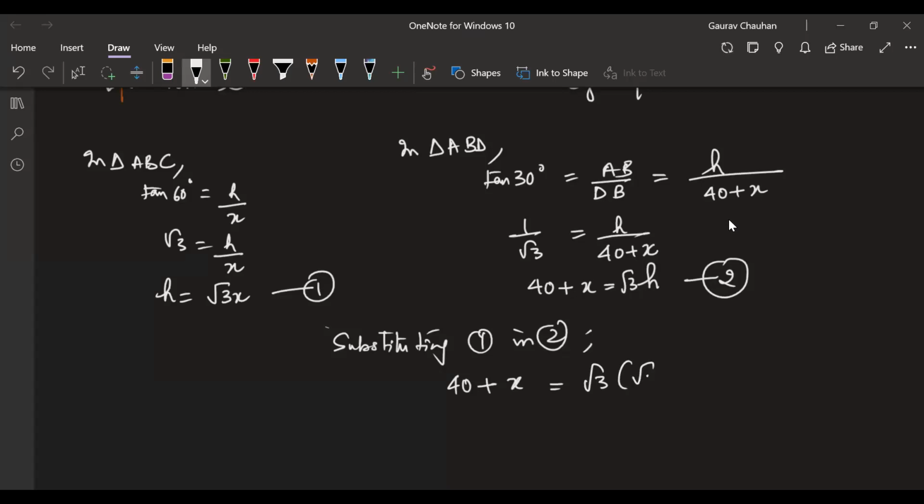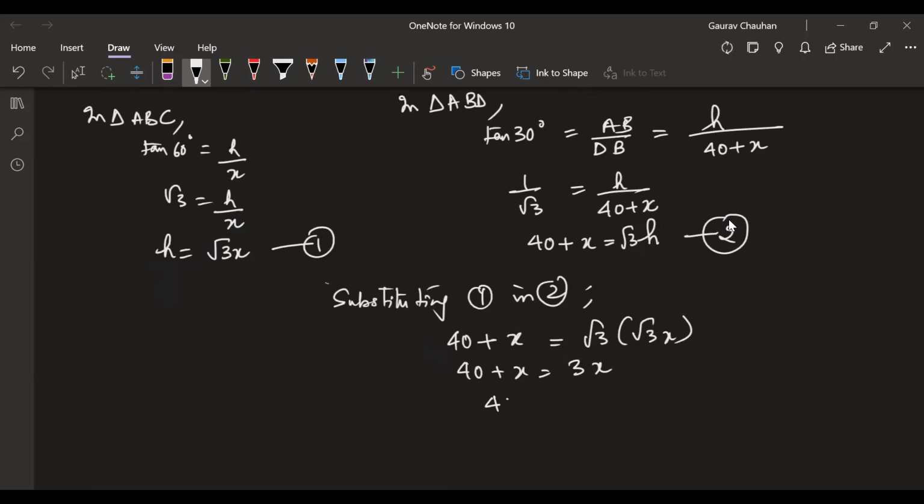Instead of √3H I will write √3X. So what is happening? This √3X is coming here. That gives me 40 plus X is equal to 3 into √3 into √3 becomes 3X.